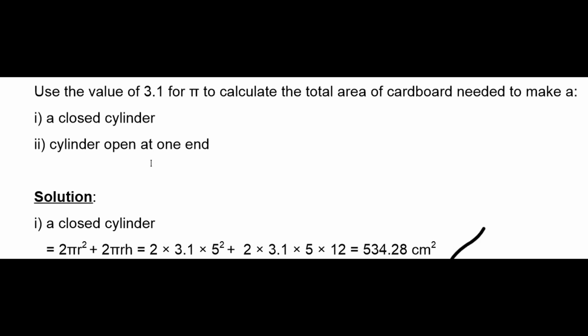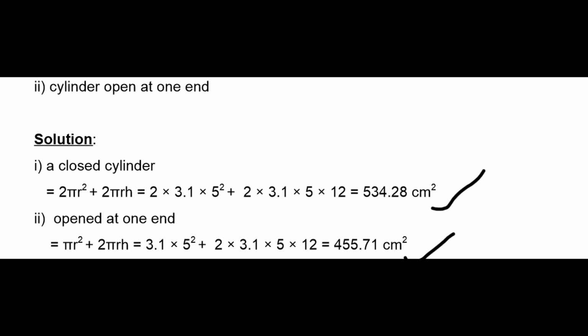Now let's solve for a cylinder open at one end. If we solve for this cylinder, we know that we will divide this by 2 for the circles, since we will do with one circle. So our formula becomes pi r square plus 2 pi r h.